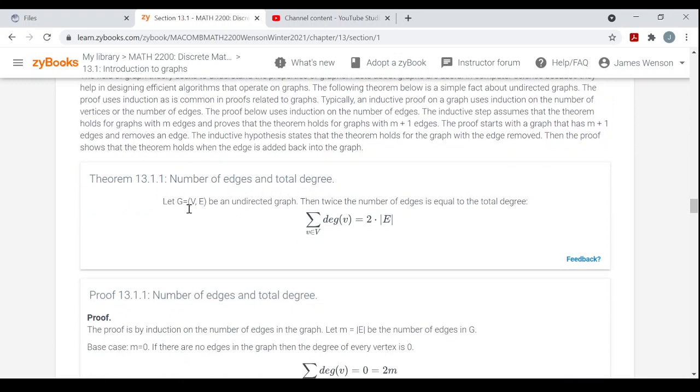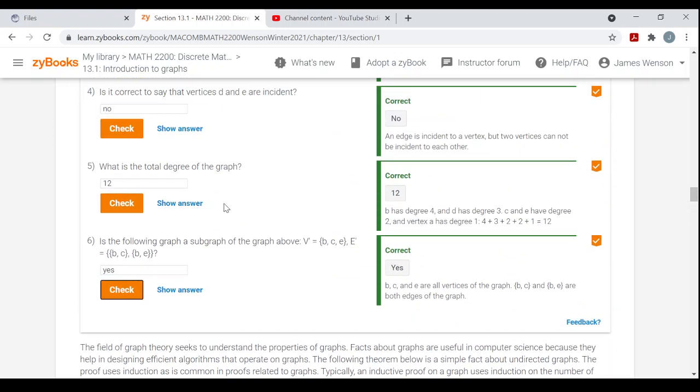Theorem, a simple property about simple undirected graphs. If G is an undirected graph, then twice the number of edges will be equal to the total degree. So remember that total degree. Here's an example up here, number 5.